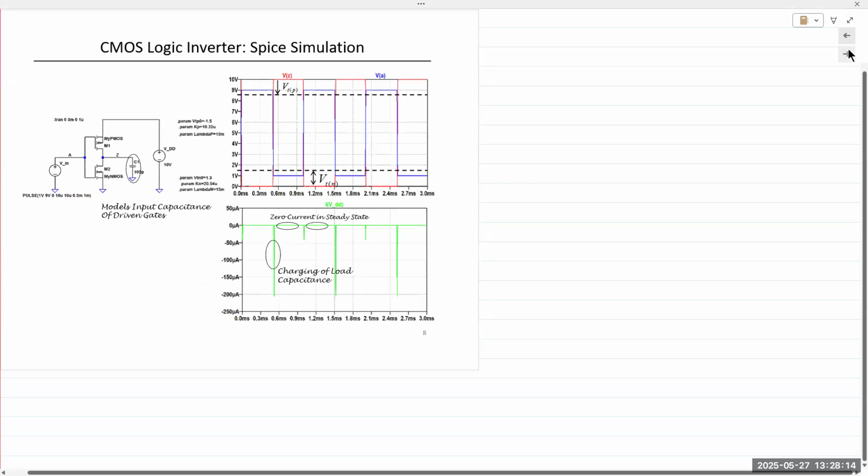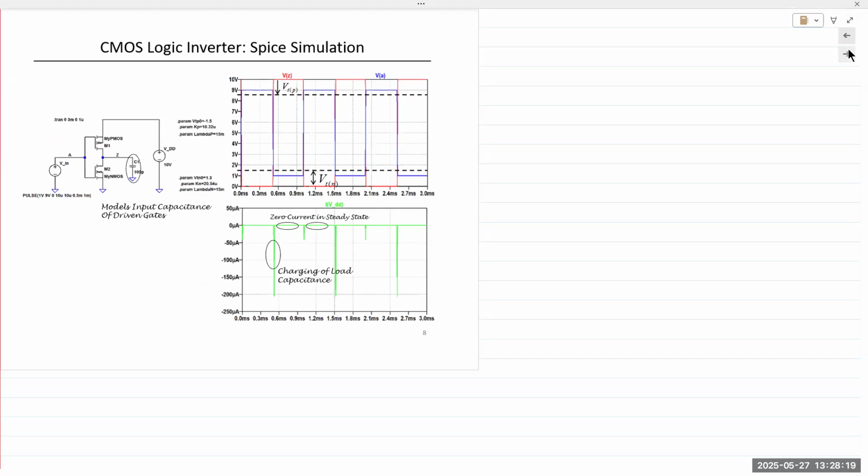Okay. All right. And so we can easily simulate this in SPICE. Obviously, we can take two separate discrete transistors, a PMOS and an NMOS transistor, and we can create our own circuit of an inverter or logic NOT gate. When we simulate this, we are adding a capacitor at the output to properly simulate the load circuit.